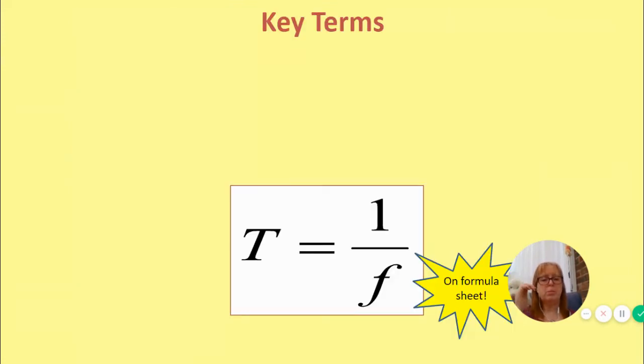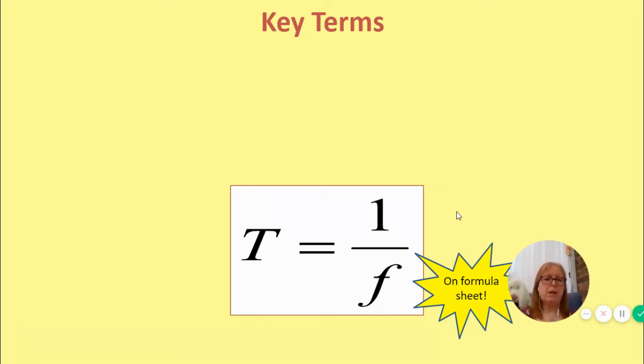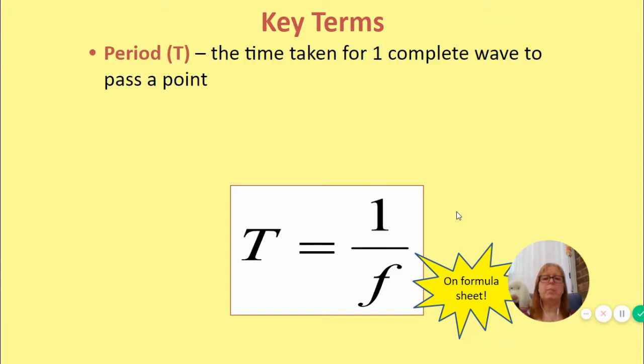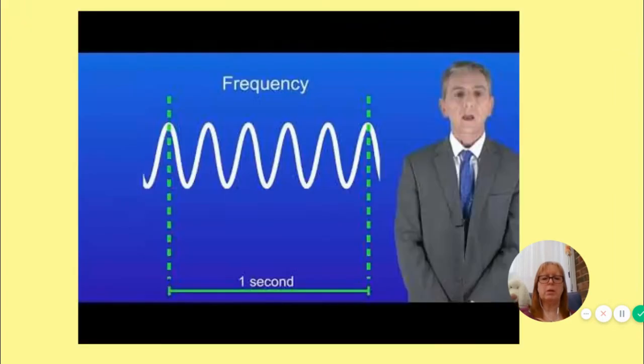Okay, next one, key terminology. Look at this little formula. Yeah, this is on the formula sheet. Whoa, there's not many. So, period. It's the time taken for one complete wave. Do you remember what the complete wave was? There you go. Complete wave. Right, let's go back.